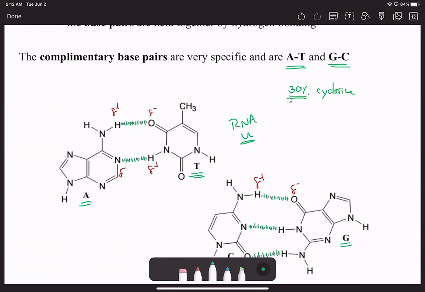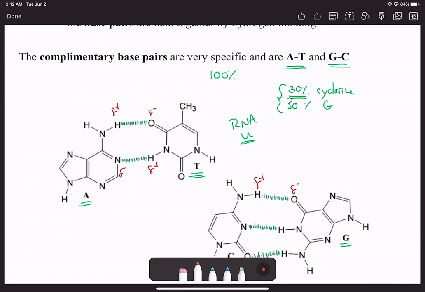Well, it all has to add up to 100%. You don't need a calculator for this math. If I know that cytosine is 30% and it only matches up with guanine, then that also means that guanine is also 30%.